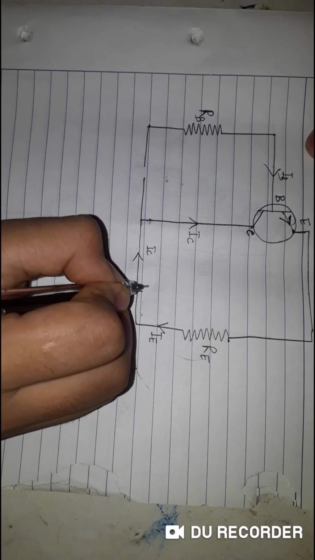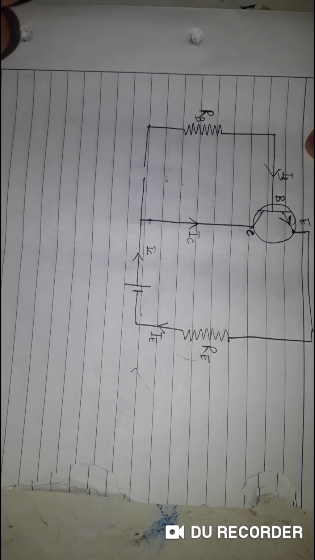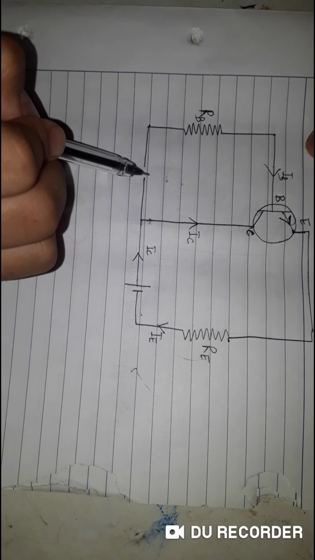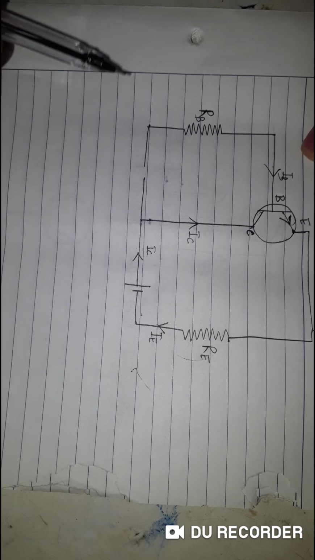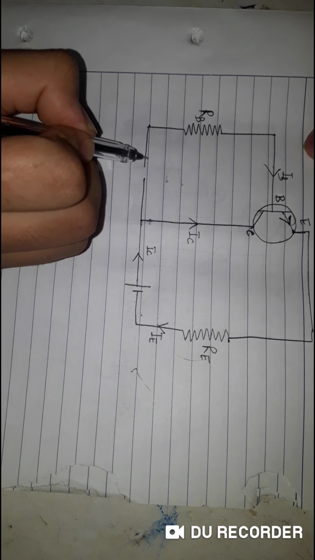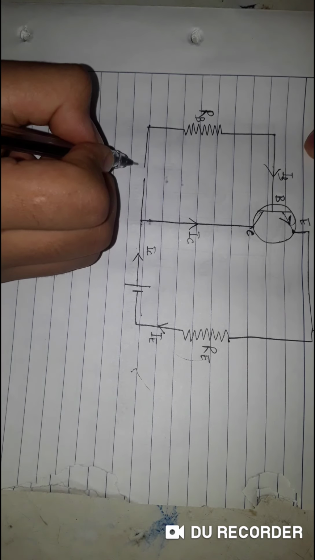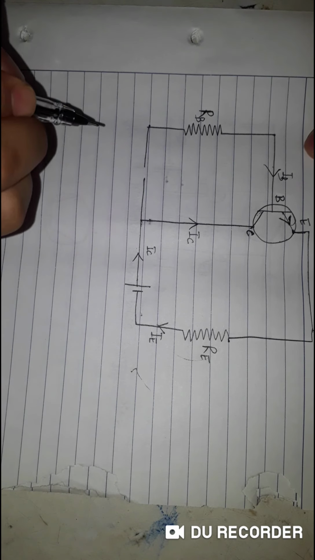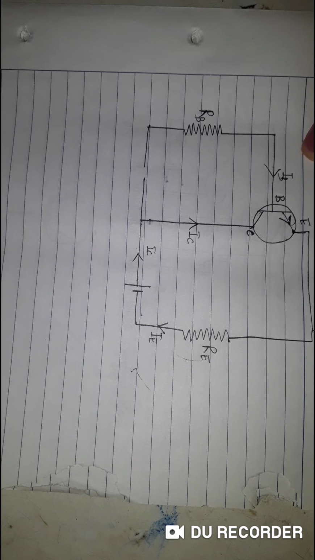This tends to be the negative terminal, and this the positive terminal. And here is the difference. We generally assume that since IB is going from here, we'll draw a positive terminal over here, but it is not correct in case of common collector circuit. We follow the same process in case of common base and common emitter configuration, but in this case there's a difference.